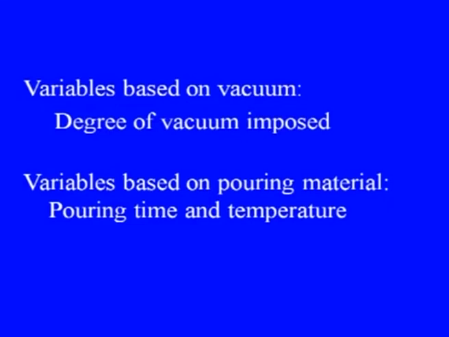The next group of variables are based on vacuum. Here degree of vacuum imposed is the major variable. The next group of variables are based on pouring material. The next group is pouring time and temperature.